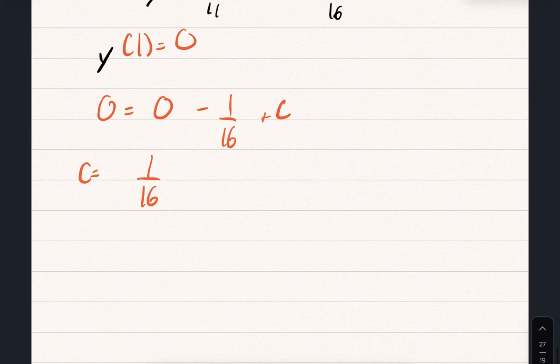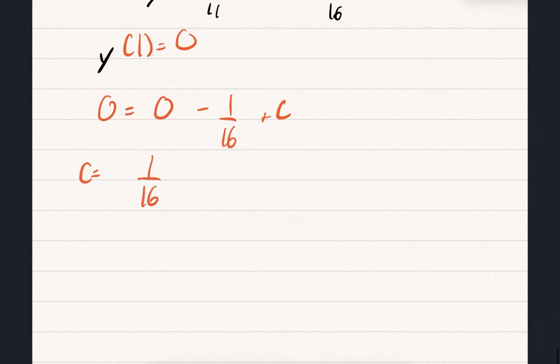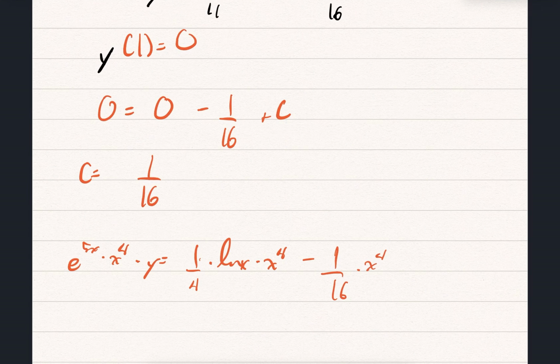So then my equation becomes e to the 5x times x to the 4 times y equals, had it right, 1 over 4, I'm just going to simplify now, times x. This is why you don't forget the c, because you get lost, like I did. Plus 1 over 16.